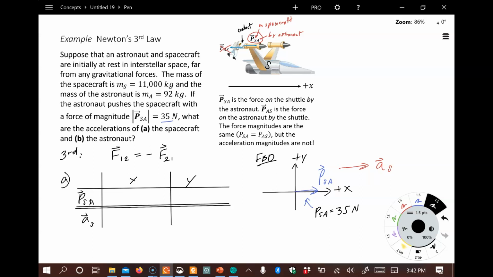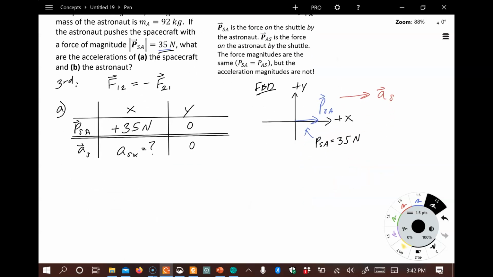This is a nice problem because we got no y component, so those are all 0. For the space shuttle, the push on the space shuttle by the astronaut, we're told that it has a magnitude of 35 newtons, and that's all in the positive x direction, so 35 newtons. And the x component of the space shuttle's acceleration, we're trying to figure that out.